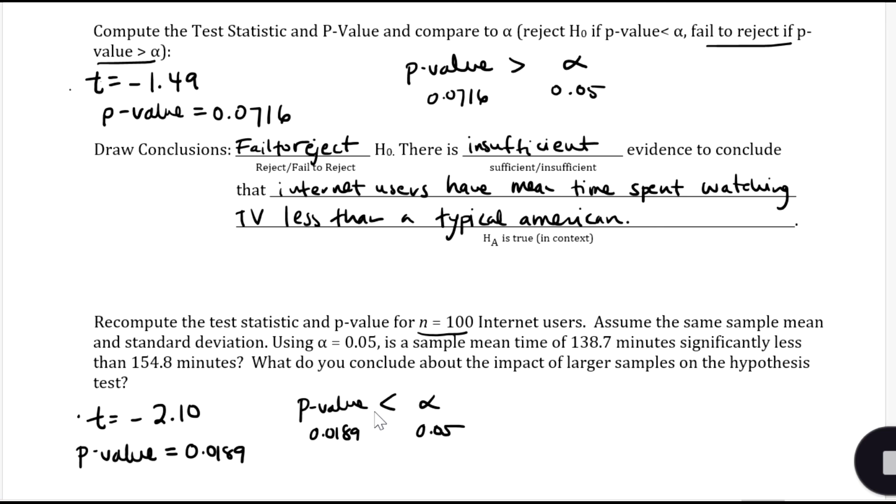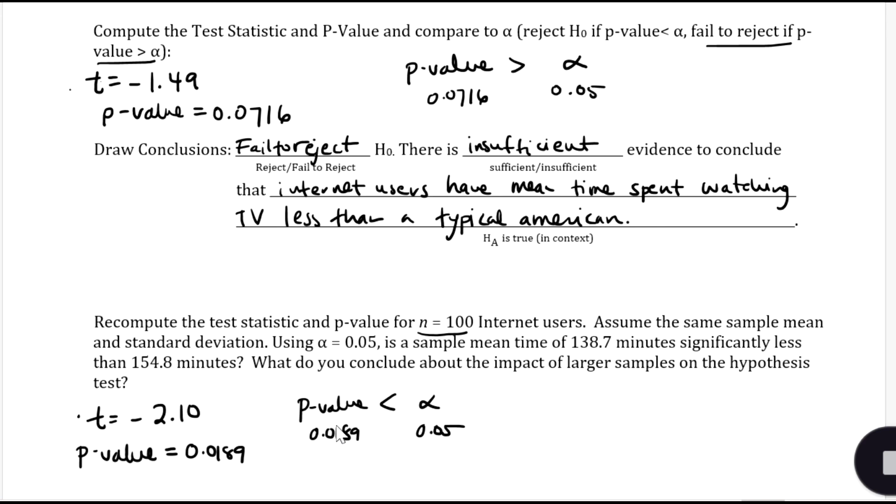That is less than, and now we would reject our null hypothesis. We would have sufficient evidence to conclude that our alternative hypothesis is true, if this was our p-value.